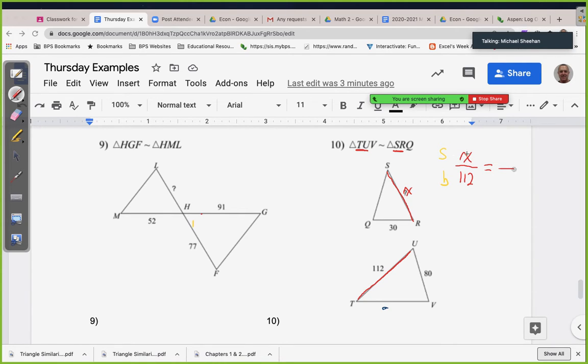I'm putting all the small triangle numbers up here. So the only other number in my small triangle is the 30. And the 30 goes from Q to R, which is the second two letters. The second two letters here are U and V. So yes, the 80 matches up with the 30.